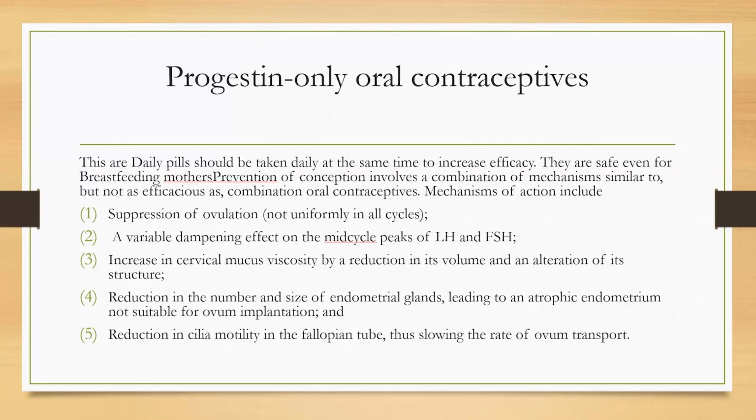So you'll note that POCs, the progesterone-only contraceptives, function the same way as the combined oral contraceptive. The main difference is that COCs, the combined oral contraceptives, combine progesterone and estrogen.